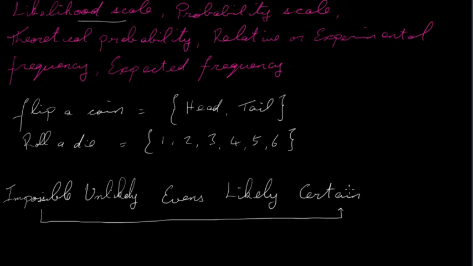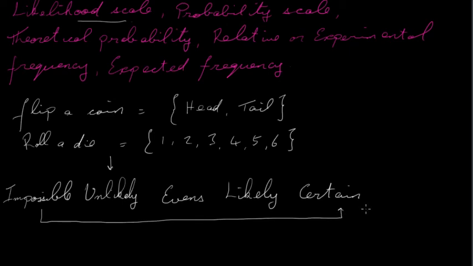The probability that it won't rise tomorrow, impossible. And then you've got unlikely and likely as well. The probability that it will rain tomorrow, again, it depends on where you live, but I would say here it would be likely. If you live maybe in a sunny country, maybe you would say it's unlikely, and so on. So it's a little bit loose in terms of its interpretation.